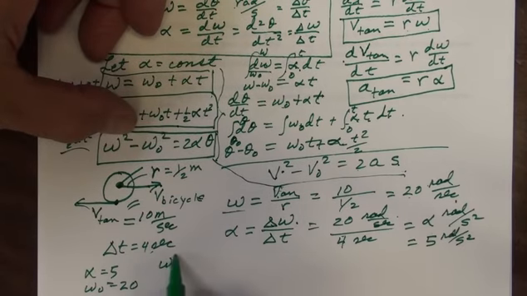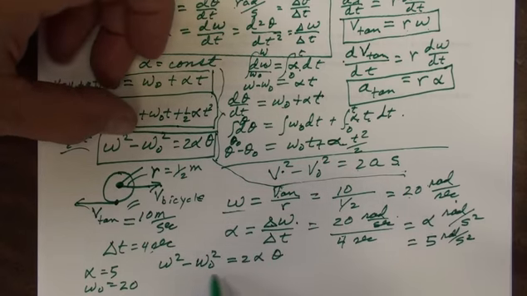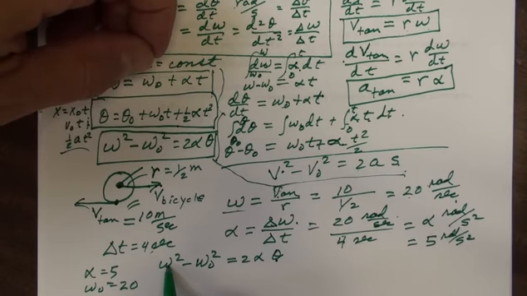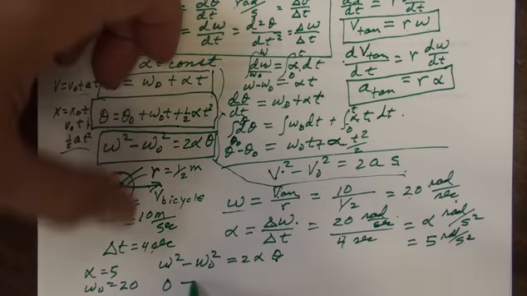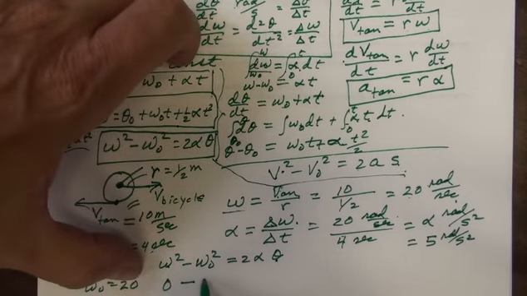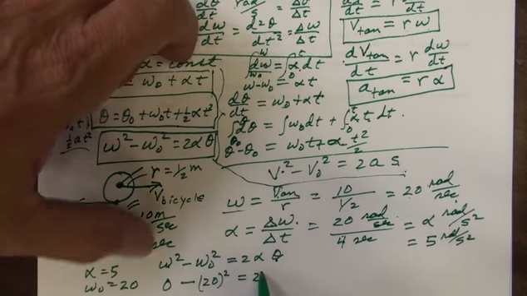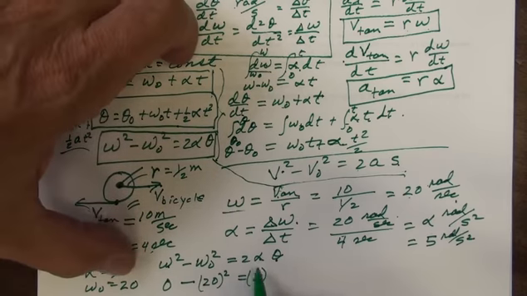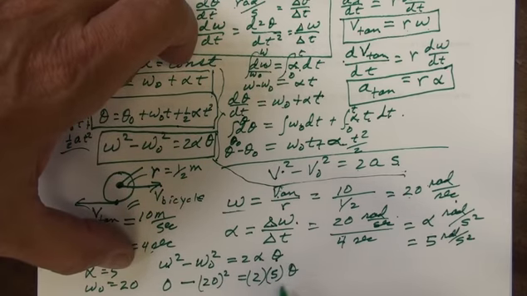So we'd have omega squared minus omega naught squared is equal to 2 alpha times theta. How much did it turn? The answer is it stopped finally, so this is 0, minus omega naught squared, so it'd be 20 squared. That's going to equal twice alpha, and alpha is 5, times theta.